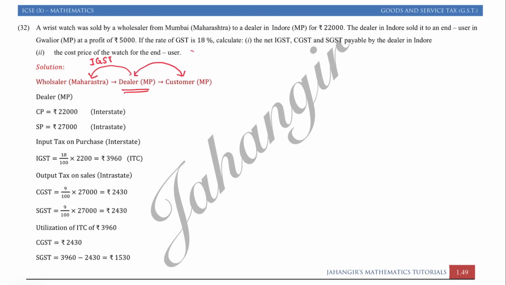While selling, he got CGST and SGST as tax. So now we will say the dealer bought the watch for rupees 22,000 interstate and sold it at rupees 27,000 intrastate.